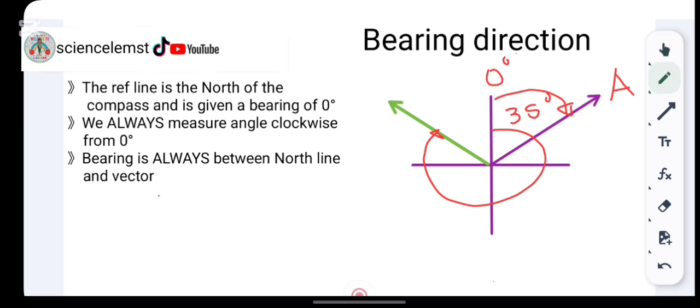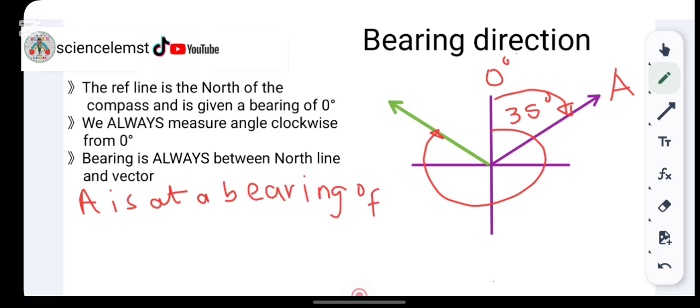So it means that A is at a bearing of 35 degrees. So now, if we look at this vector, we do not know the angle that's given. If the angle is given here, then it will be included within the arc.